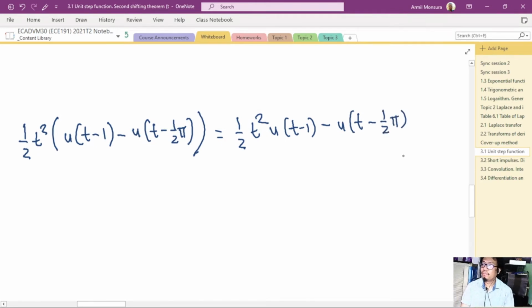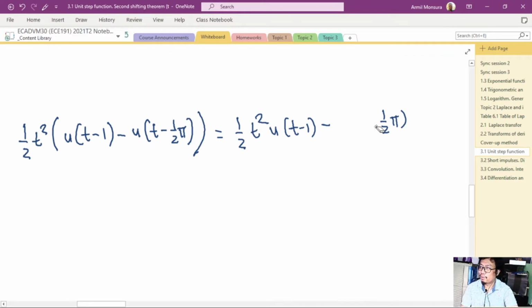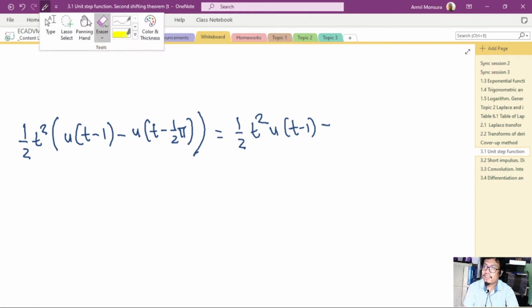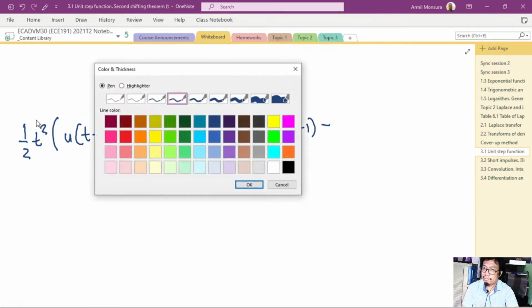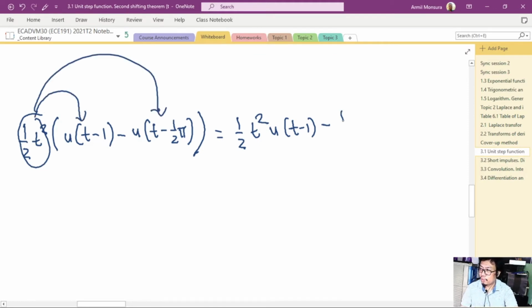Sorry, I was missing something. I forgot to distribute. This factor gets to be multiplied here and then here. So you still have 1/2 t square u of t minus 1/2 pi.